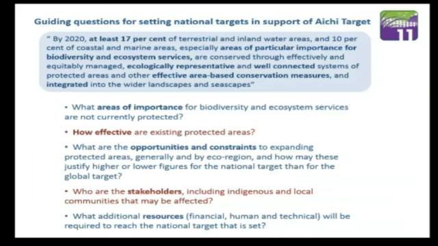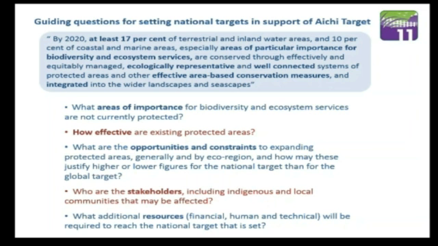And just to give one example of what that might involve, for Aichi Target 11 on protected areas, which is a very specific and measurable target, but it has many components. From this, you would ideally want information that would help you answer guiding questions such as: what areas of importance for biodiversity and ecosystem services are not currently protected, how effective are existing protected areas, what are the opportunities and constraints to expanding protected areas generally and by ecoregion, and how these may justify higher or lower figures for the national target than for the global target.